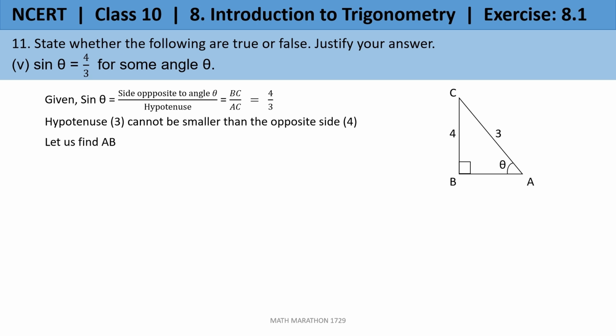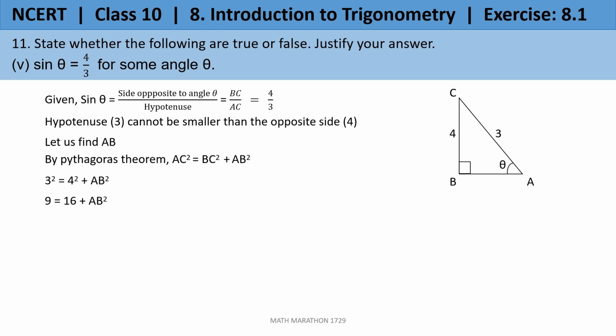Let us find AB. We can use Pythagoras' theorem. In a right-angled triangle, hypotenuse square is equal to the sum of squares of the other two sides. So, AC square is equal to BC square plus AB square. 3 square is equal to 4 square plus AB square. 9 is equal to 16 plus AB square.